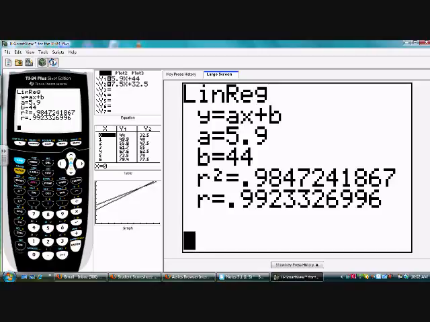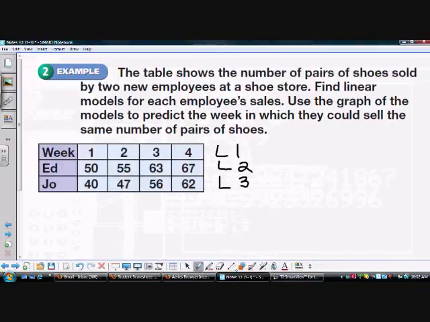Write down your equation. What is the equation of the line of best fit for Ed? Okay. So Ed is y equals 5.9x plus 44.